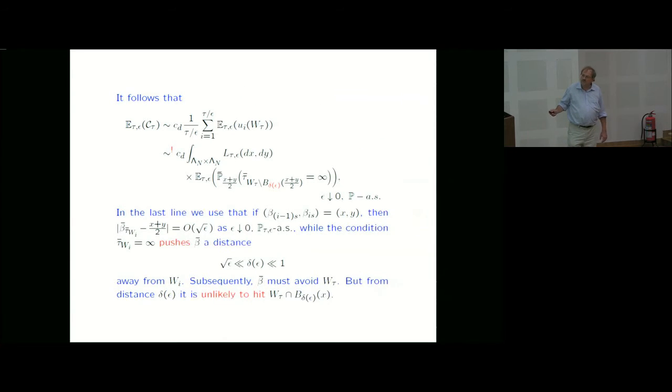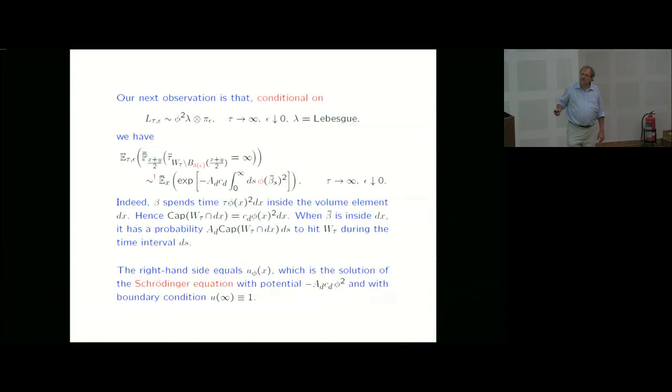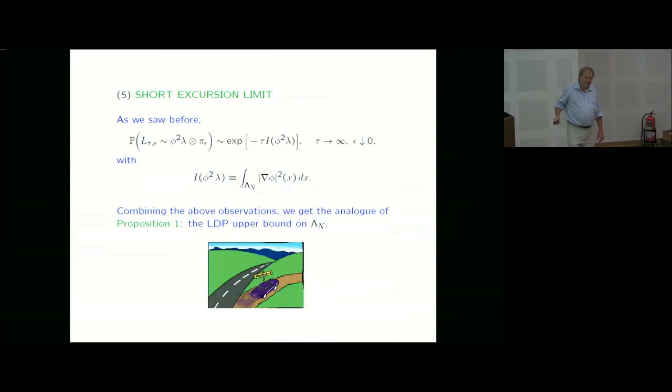This is a standard object that you have to analyze, in particular its scaling, and then if you apply that, and again use that, as we saw, the large deviation principle was given by this Dirichlet form, then we end up with the variational formula. So, in some sense, very simple.